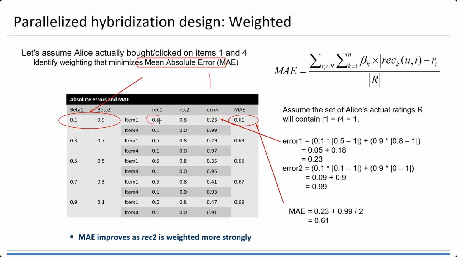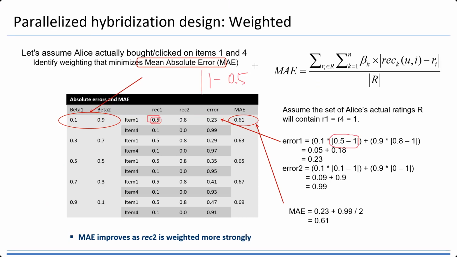In order to know the error rate, I will subtract this score from 1. So 1 minus 0.5. You can see here the error is 0.5 minus 1.